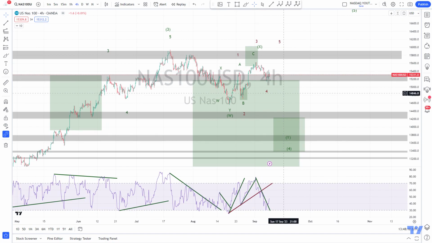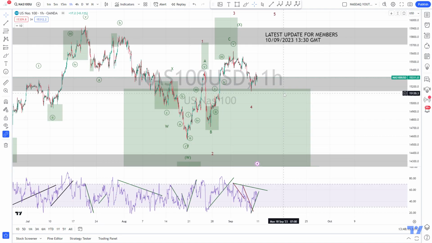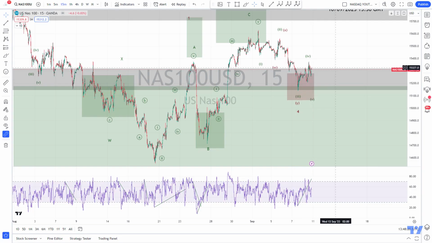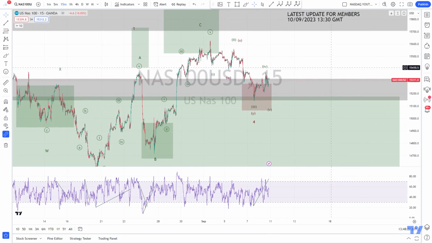This we can see on the 1 hour, or I think it's on the 15 minutes. Yeah, so for now, this looks like 3 waves here. So yeah, this can still be like a corrective move, so as a wave 4, and then we have to see what happens with this here.